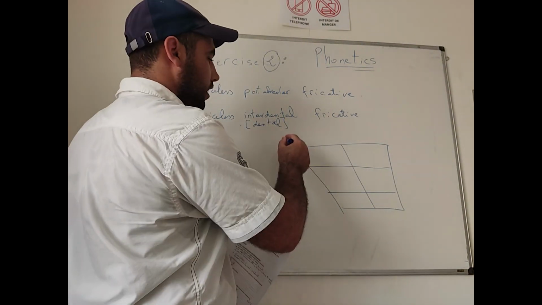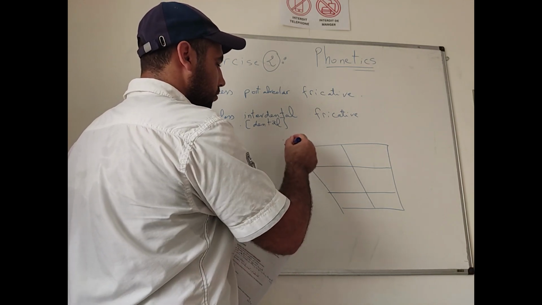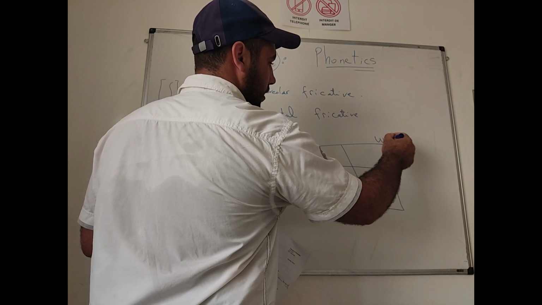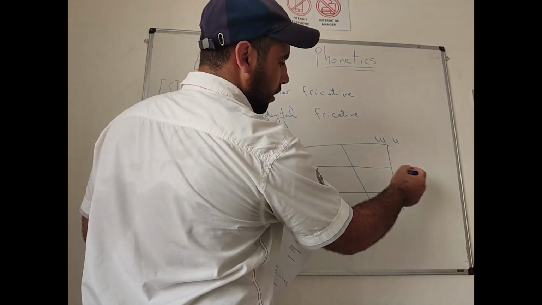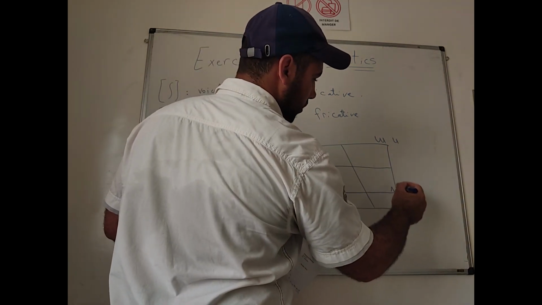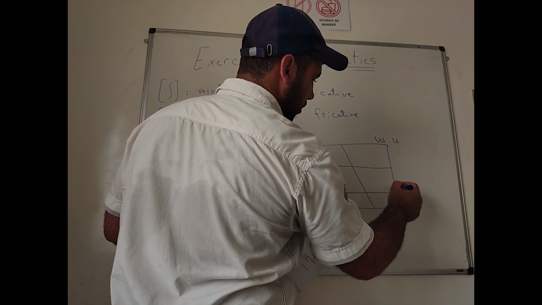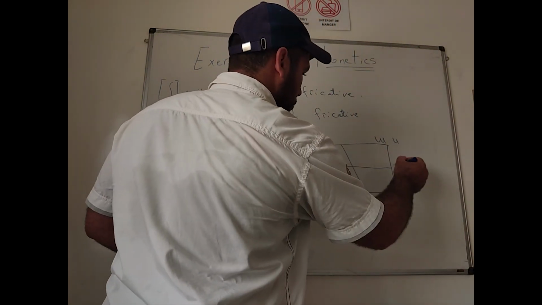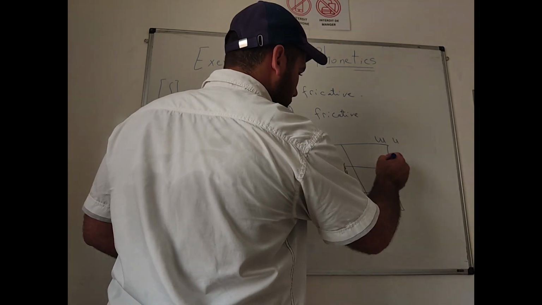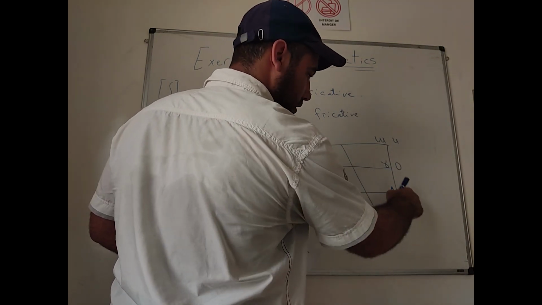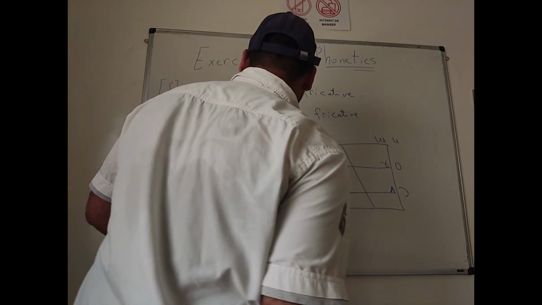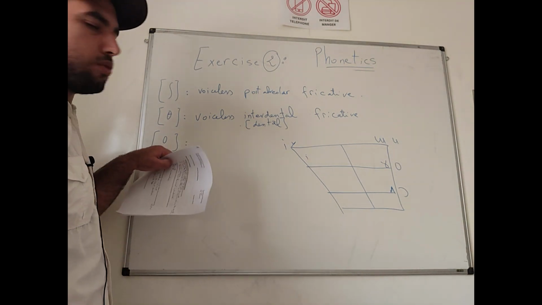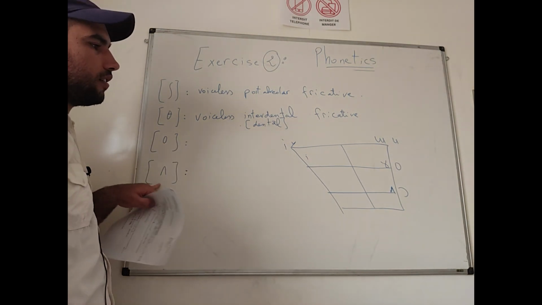Here we have the E sound, the U sound, here we have the A sound, and here we have the O sound. Next to it there is the R sound, and the other one is the O sound. So what we are concerned with here is the O sound, the back vowels, and the A sound.